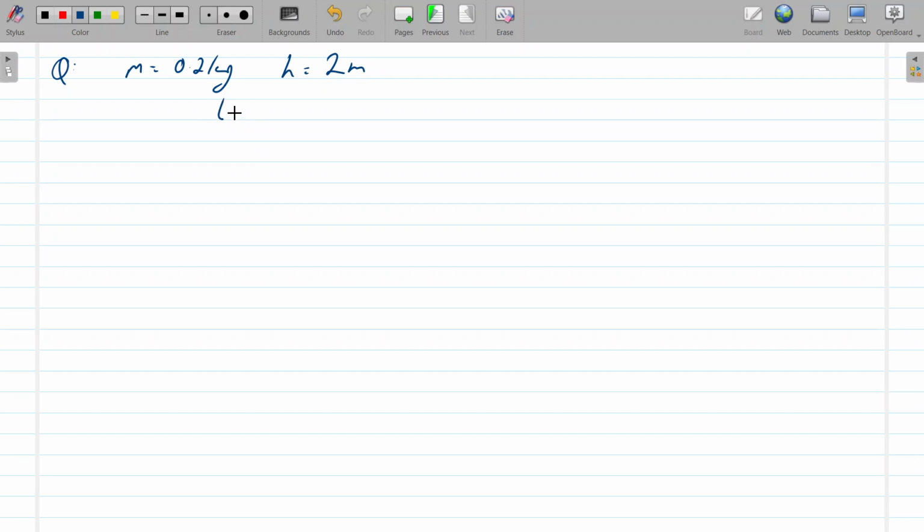And so gravitational potential energy equals mgh. So you've got 0.2 times what's the value of g? Remember? Wait, I have to go back, I guess. 9.8, yeah, times 2.